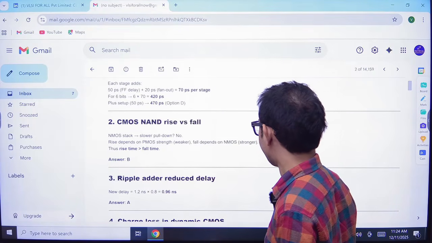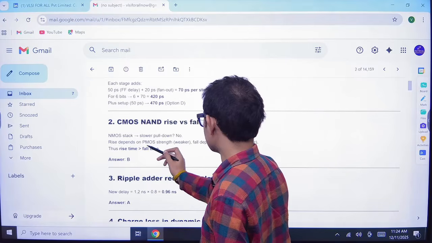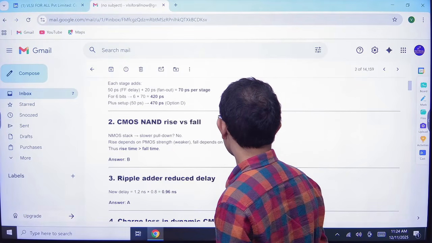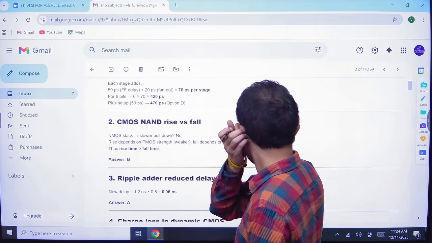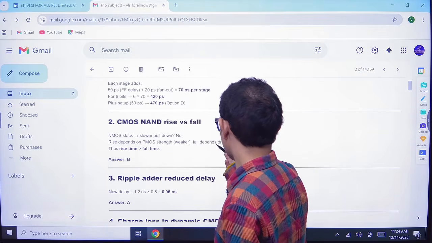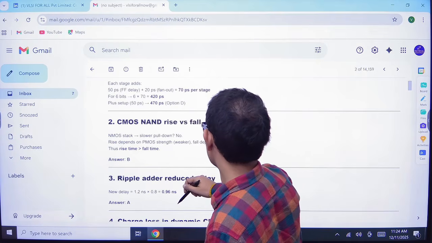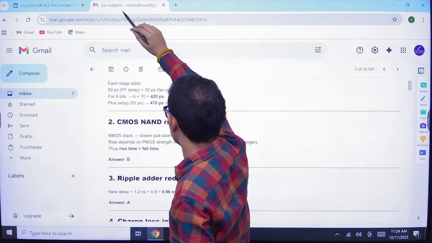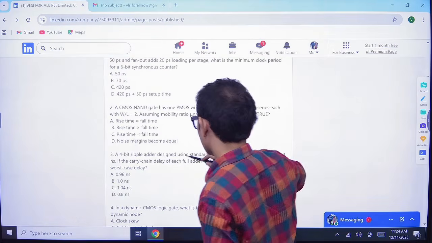Rise time depends on the PMOS strength, because here we have the PMOS, which is weaker. So B is the correct answer.